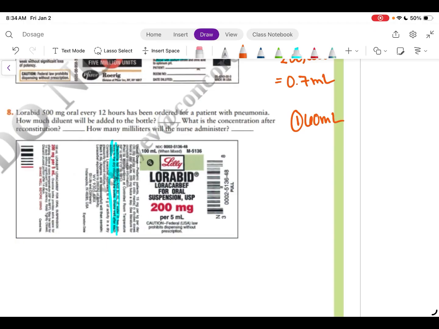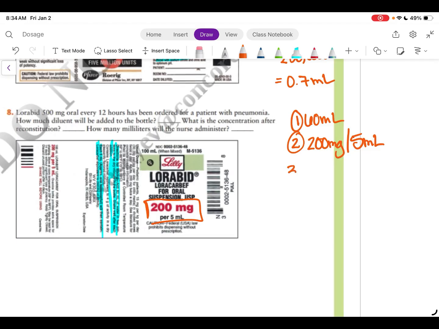What is my concentration after reconstitution? It's right here, 200 per 5. Or if you're reading the label, it's also down here: each 5 milliliters contains equivalent to 200. So my concentration is 200 milligrams for every 5 milliliters.